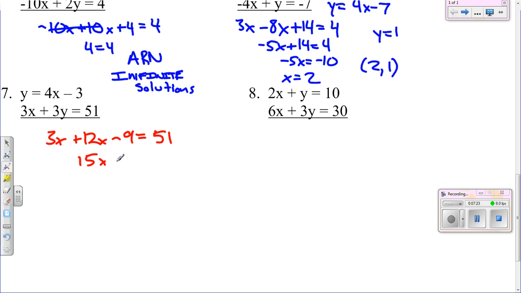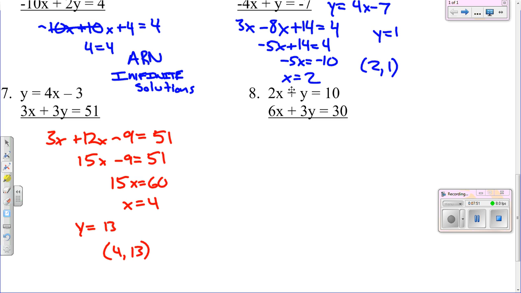Gives you 15x minus 9 equals 51. Add the 9 over. 15x equals 60. Divide by 15. X equals 4. Take that 4, plug it in up here. 4 times 4 is 16. Minus 3 is 13. So you get 4, 13.